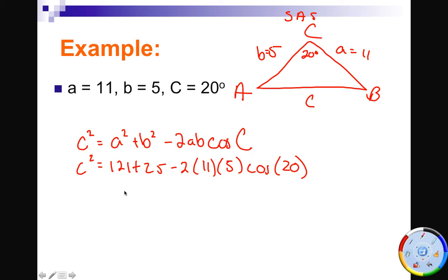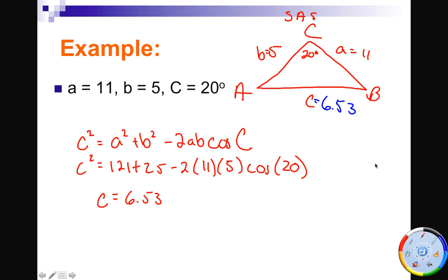And if I take the square root of that number, so square root of 121 plus 25 minus 2 times 11 times 5, cosine of 20, I get 6.53. So now I know little c is 6.53.